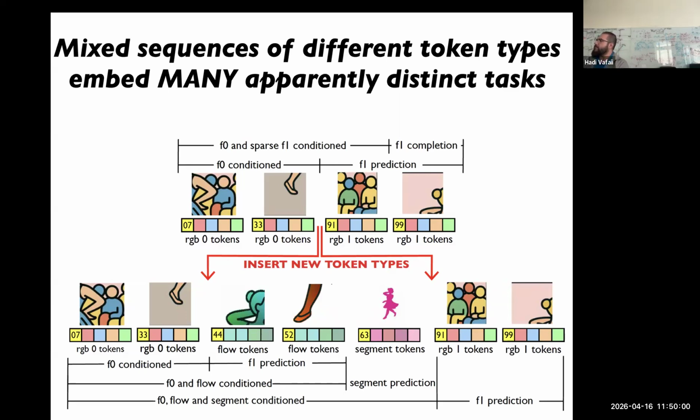Even with a flow token, there will be different probability distributions over the possible ways in which things could have changed. I see. A lot of it is flow and RGB 0, but not everything. Flow is not the only type of transformation that can change a scene. Flow is applied on all the pixels of frames.